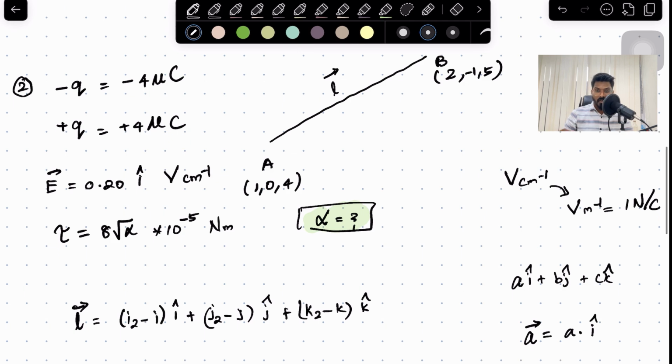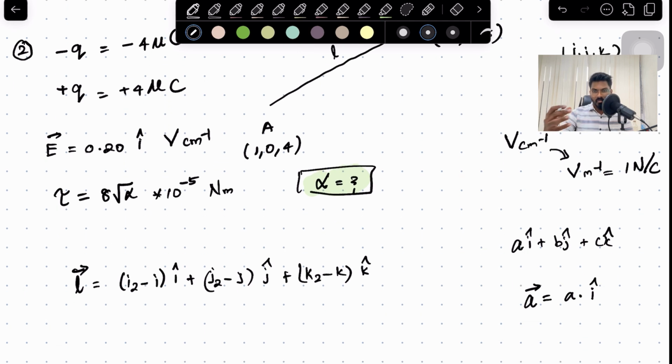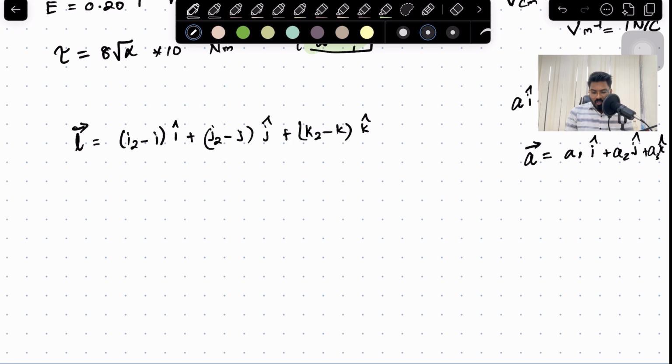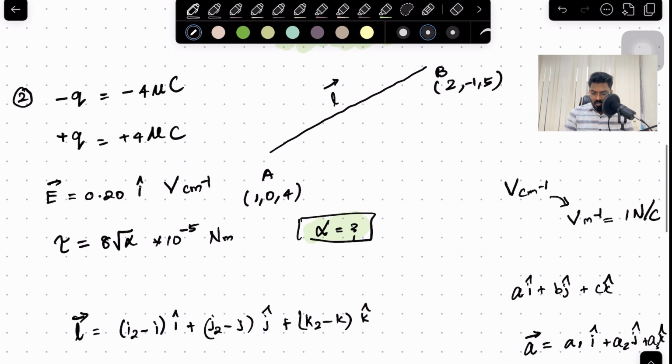Now if the A vector is split into 3 coordinates, then we'll write it as A1 I cap plus A2 J cap plus A3 K cap. Now we have the values of L. So keep this as 1, this as 2.